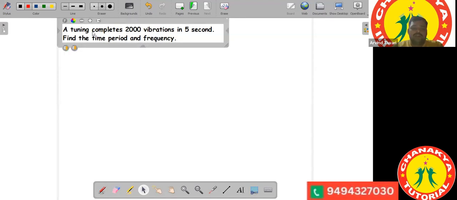So you have a tuning fork. It completes 2000 vibrations or oscillations in 5 seconds. So use the unitary method, find out the time period, and then compute the frequency.